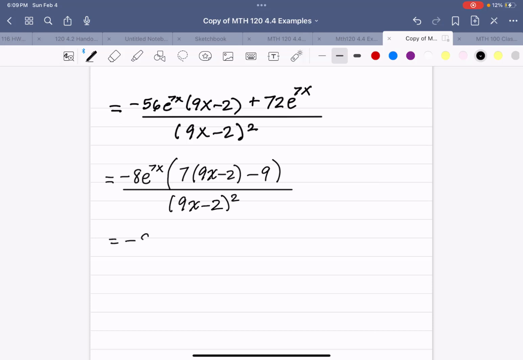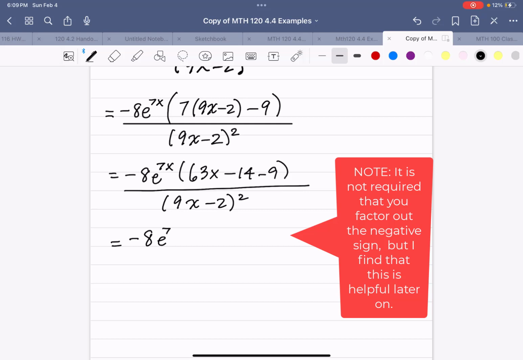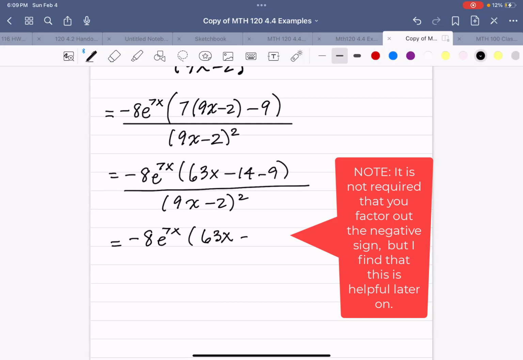So within my parentheses, 63x minus 14 minus 9 over 9x minus 2 squared. And finally, I can combine my like terms on the inside of the parentheses, 63x minus 23 all over 9x minus 2 quantity squared.